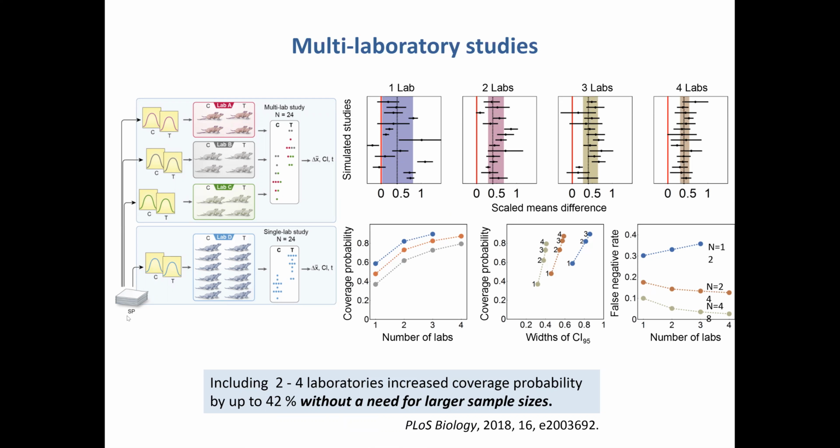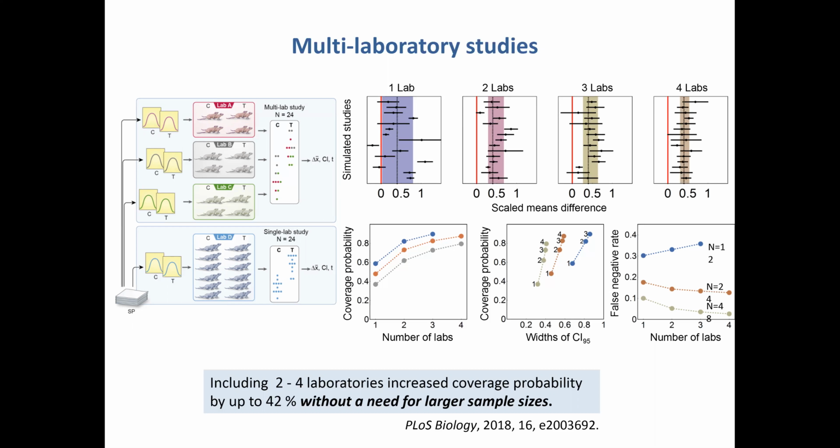These were randomly chosen from the whole set of different labs ever performing this test. Then we say, okay, what happens if labs A, B, and C all make the same experiment, and then they report their raw values? Then we take these values, pool them, and analyze them together.